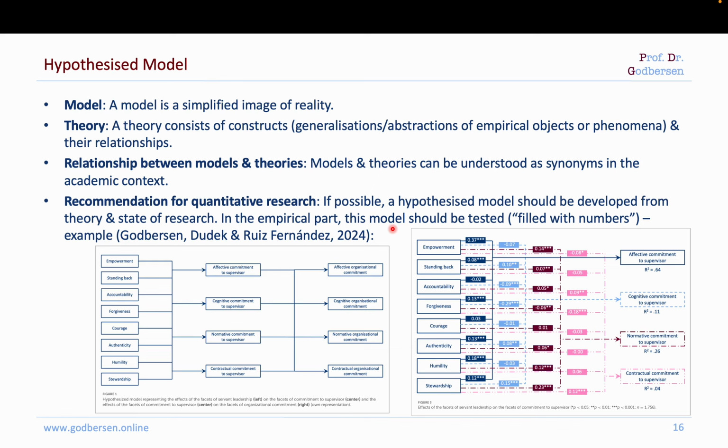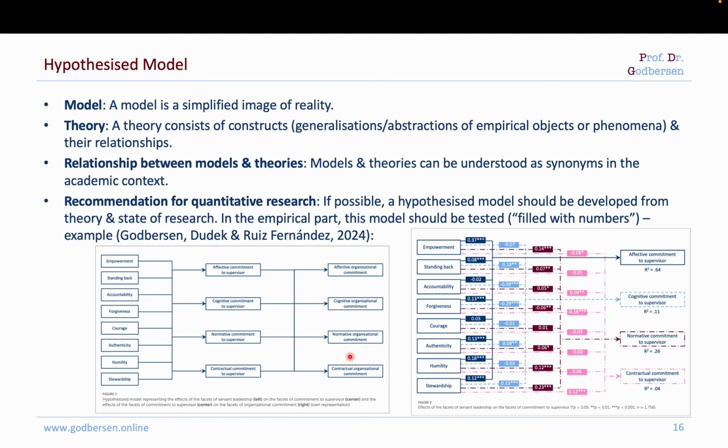To give you an example, this is from an article I wrote with two co-authors and I've used in this crash course before. It is the effects of servant leadership on commitment to supervisor and the effects of the facets of commitment to supervisor on the dimensions of organizational commitment.